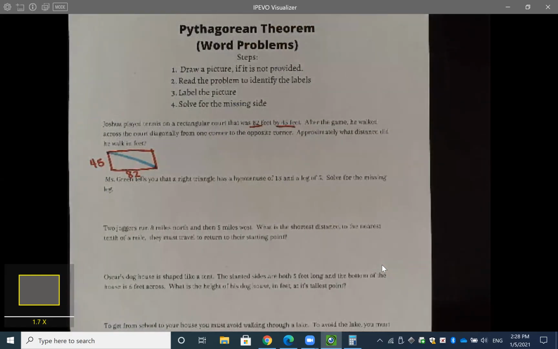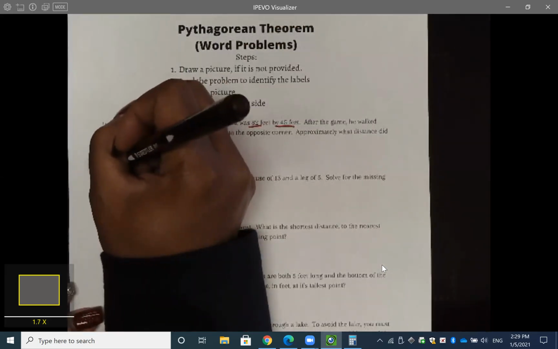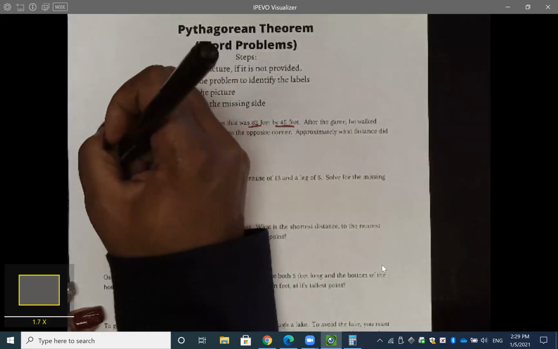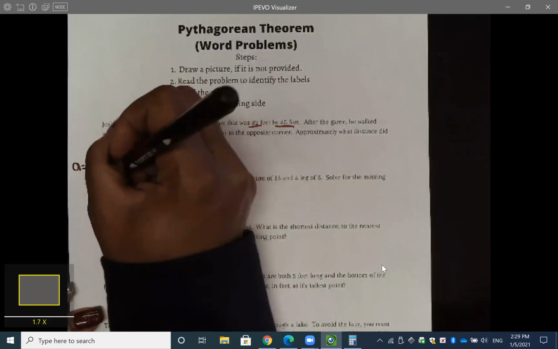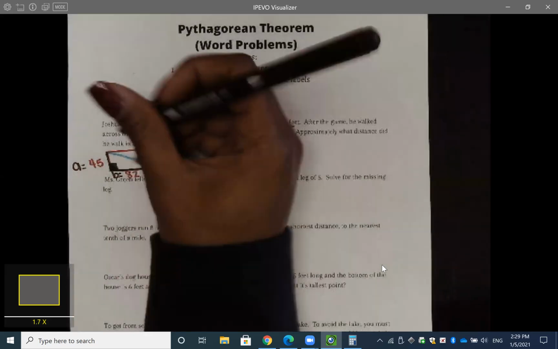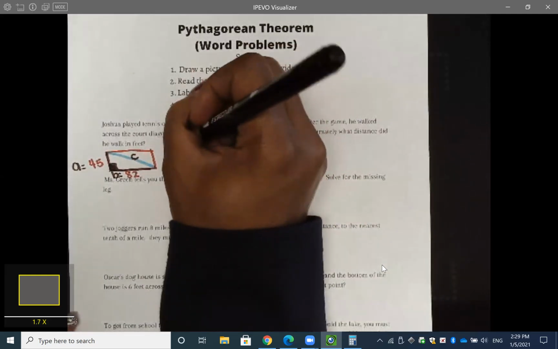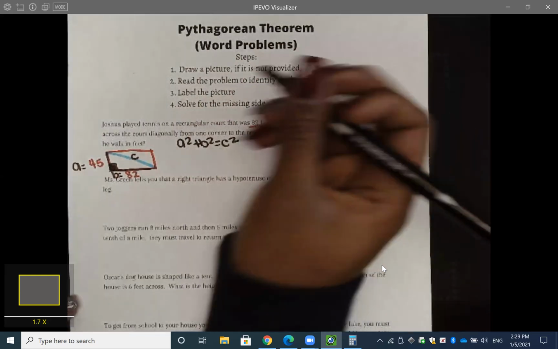So if I was using this, I know that I can put a right triangle right here. So everything that's touching my right triangle is my A's and B's. So this is A, this is B, and your diagonal will always be your C. So I am going to write out the equation. I'm going to plug in what I know.